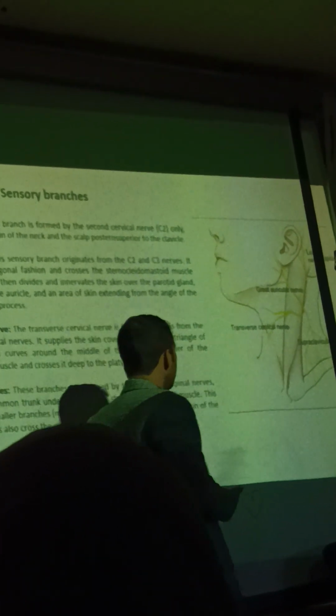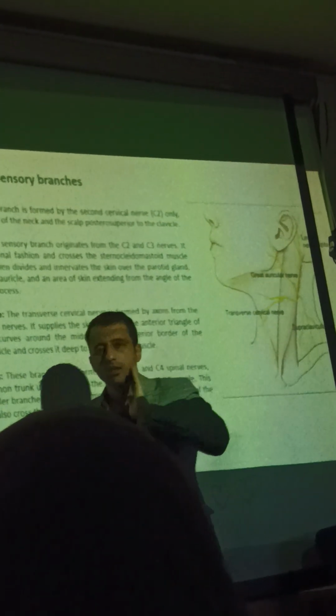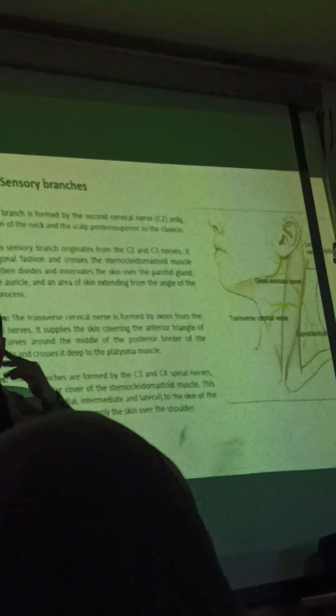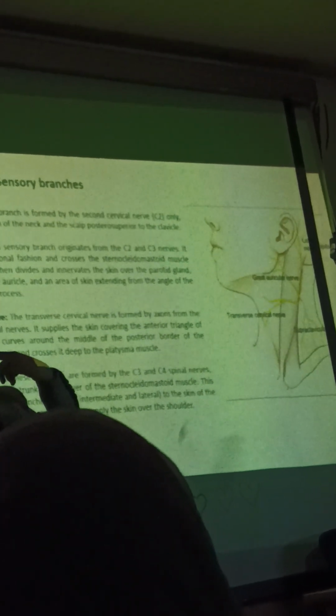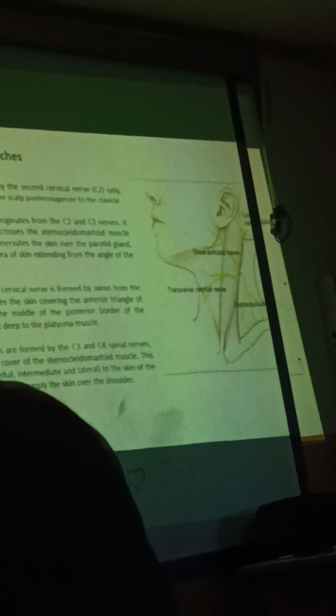Great auricular nerve has three branches. Facial branch, here, which innervates the skin which covers the parotid gland. Here we have the parotid gland, okay? The skin which covers the parotid gland is innervated by the facial branch.